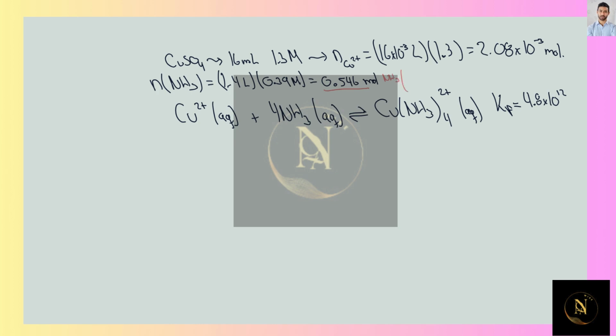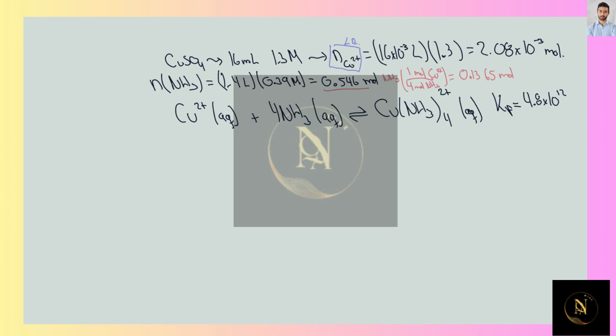If we want to know if this is the limiting reagent, we know that 4 mole of NH3 is going to react with 1 mole of copper 2 plus. This means that the maximum amount of substance of copper 2 plus that this can react with is 0.1365 mole, right? So, of course, this quantity is much larger than the initial quantity of copper 2 plus that we have in solution. So, we know that the limiting reagent is copper 2 plus, right? So, this is going to be my limiting reagent.